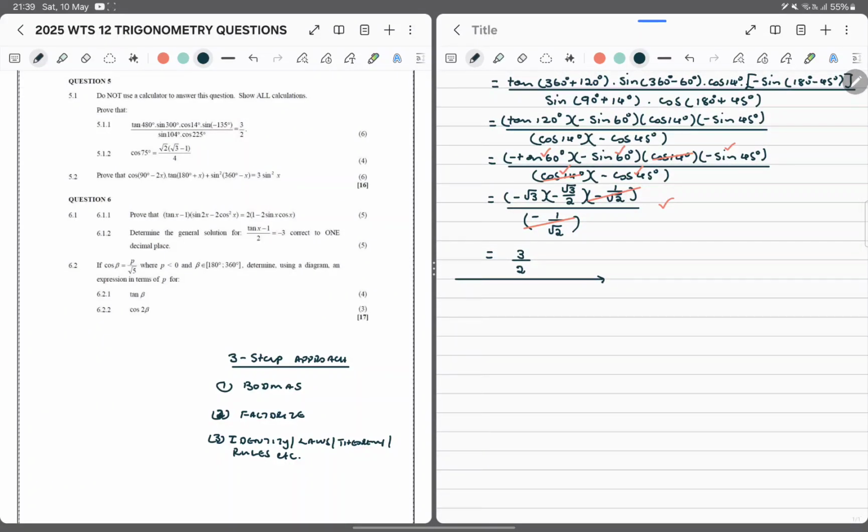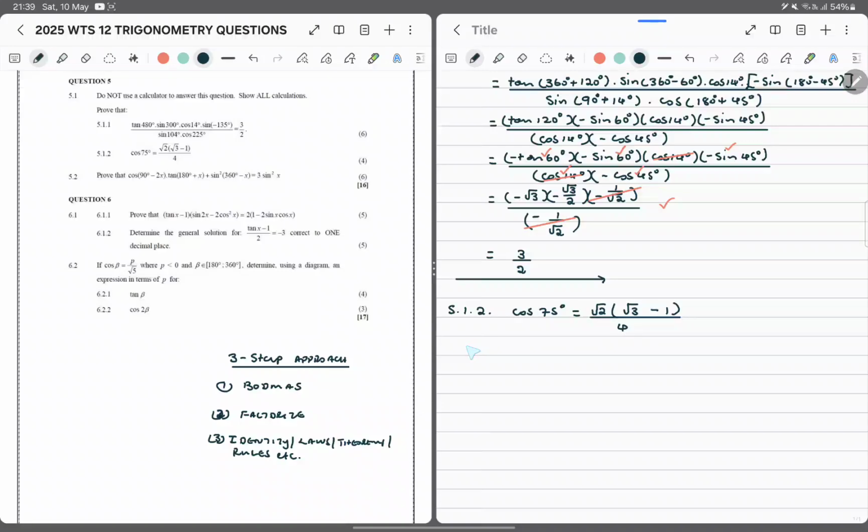All right, so let's look at 5.1.2. We are given cos of 75 degrees is equal to the square root of 2 into root 3 minus 1, all divided by 4.